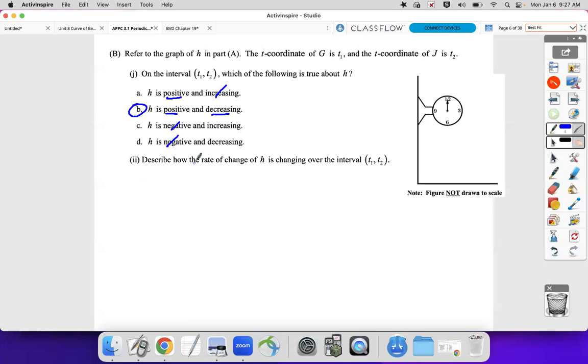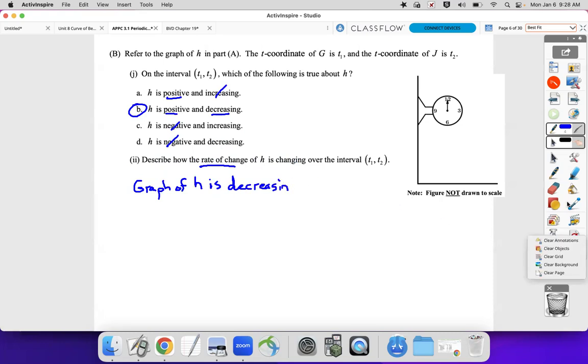So these words that I'm about to write are very important. You're going to use these over and over. Describe how the rate of change of H is changing over the interval from T1 to T2. And you're going to say the graph of H is decreasing. Actually, no, I'm sorry.